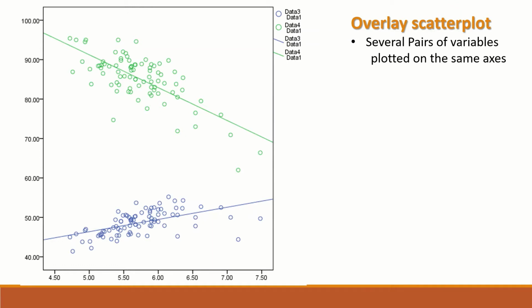So one variable is fixed on one axis and the other variables, 3 and 4, are drawn on the other axis. This shows an overlay of the pairs of variables. So we can see here the correlation between variable 1 and variable 3, and variable 1 and variable 4.